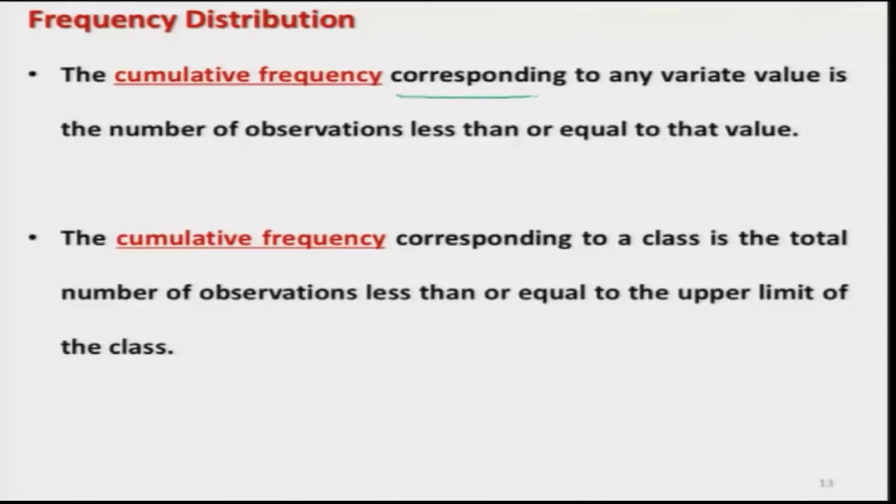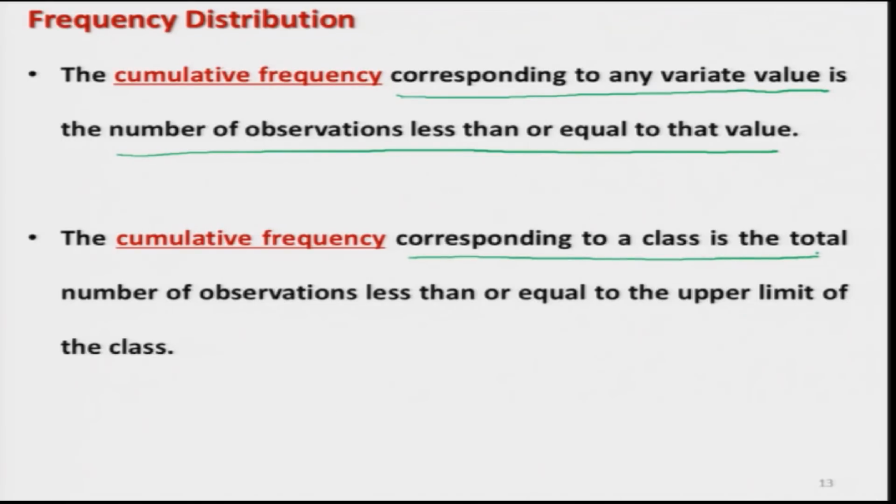So, the cumulative frequency is also defined for a particular class, and this is defined for all the classes separately. The cumulative frequency corresponding to any variate value is the number of observations less than or equal to that value, and the cumulative frequency corresponding to a class is the total number of observations less than or equal to the upper limit of the class.